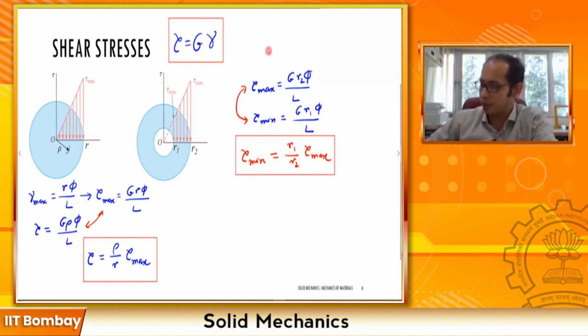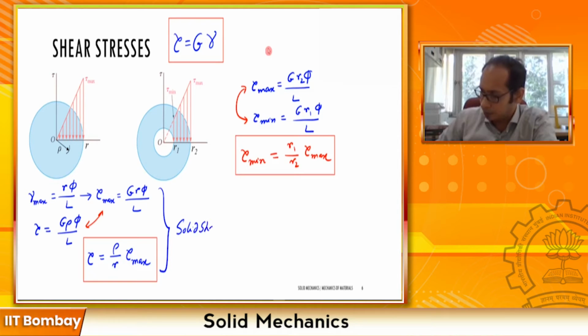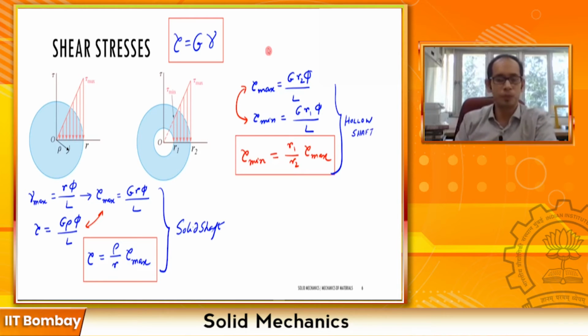So these expressions, the bottom expressions, these ones are for the solid shaft, right? And the ones which we just derived over here are for the hollow shaft or tubes, right?